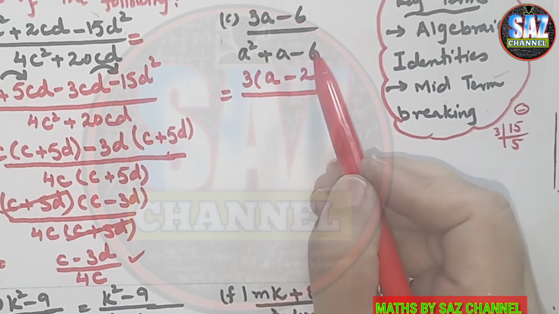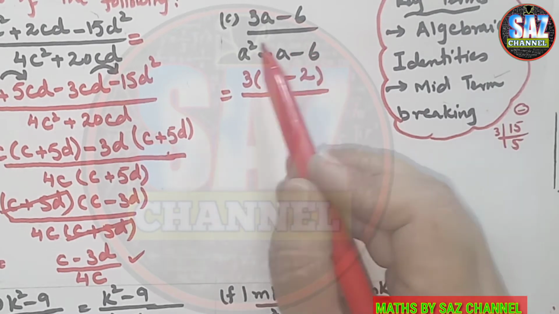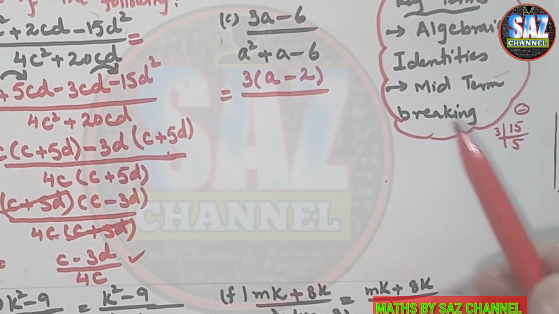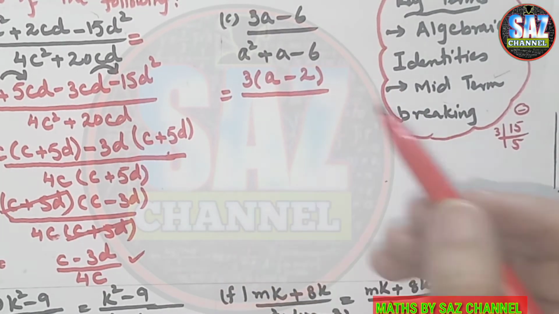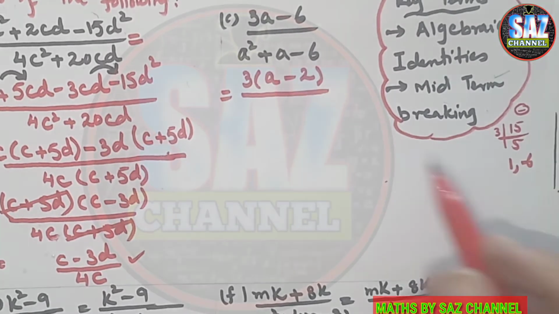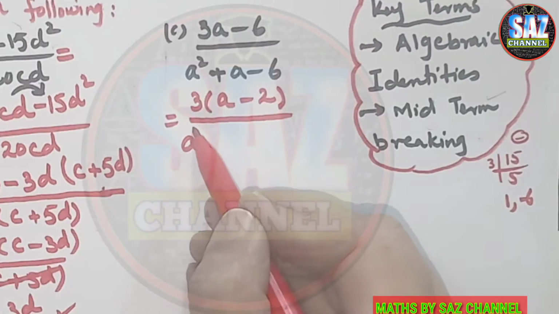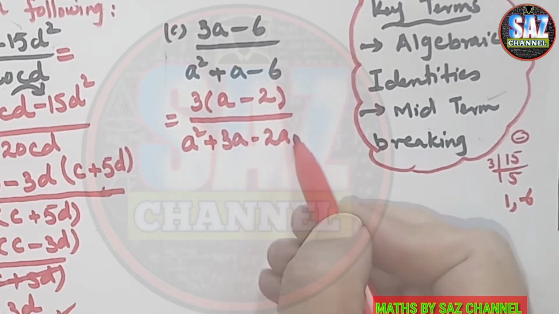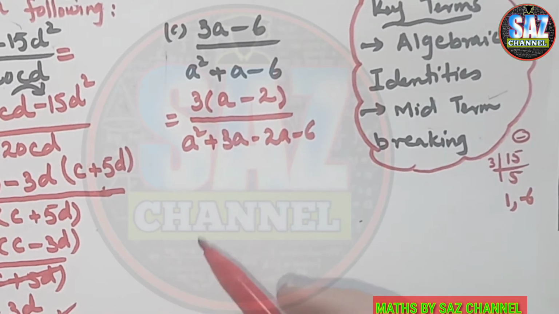I will be quickly multiplying 6 with the coefficient of the square term, and that will give me -6. And now I have to make the factors of 6 that can give me 1 and 6 with negative sign at the same time. So I think a² + 3a - 2a - 6 is the suitable choice.